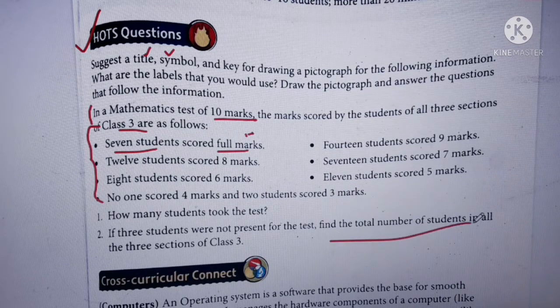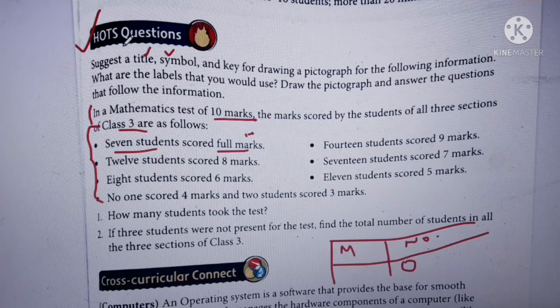So children, you have to make the table where in one column you can give marks starting from 10 marks, 9, 8, 7, 6. This is how. And on the other side you can represent the number of students. Now to represent the number of students, children, you have to choose one symbol. If you choose one symbol, you have to make your own key also.